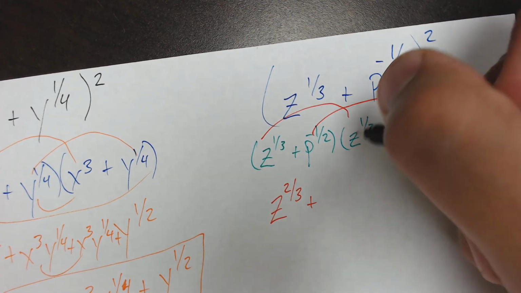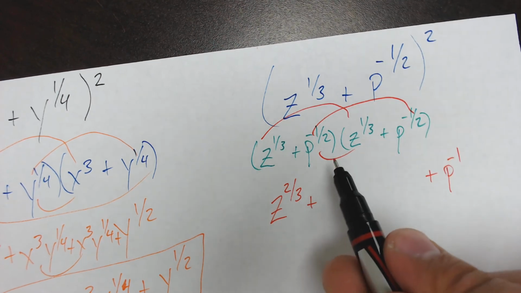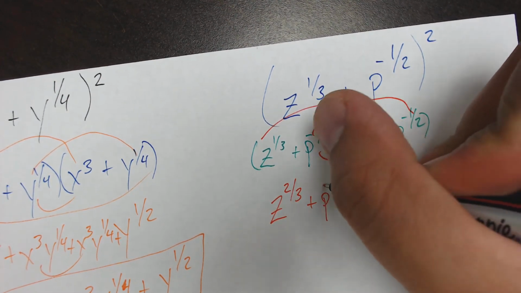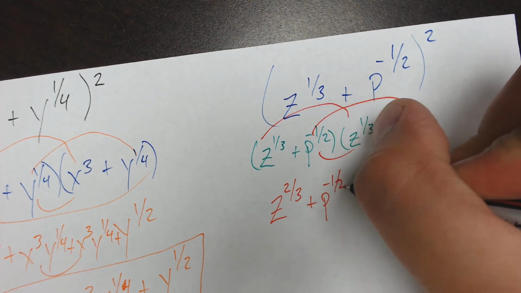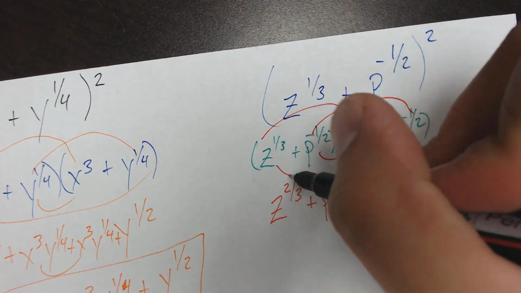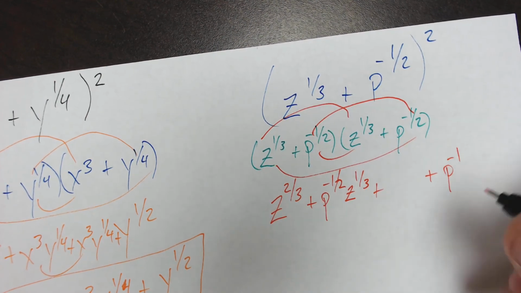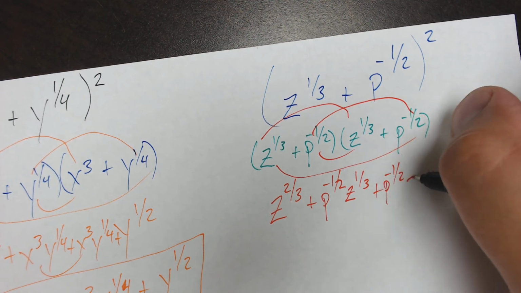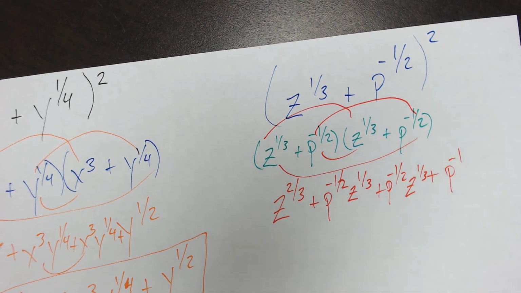Then the middle terms, inside times the inside, p to the negative 1/2 z to the 1/3. And outside times the outside is another p to the negative 1/2 and z to the 1/3.